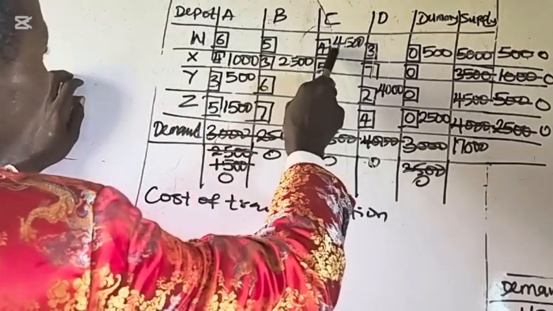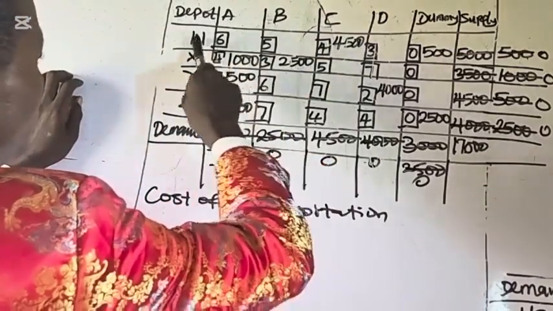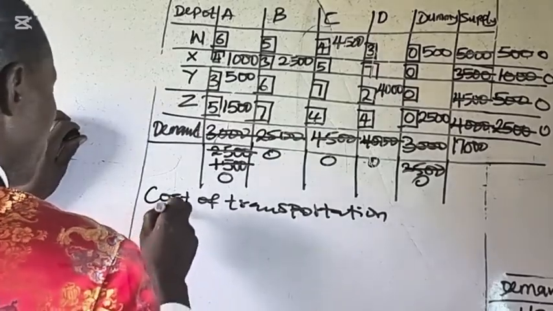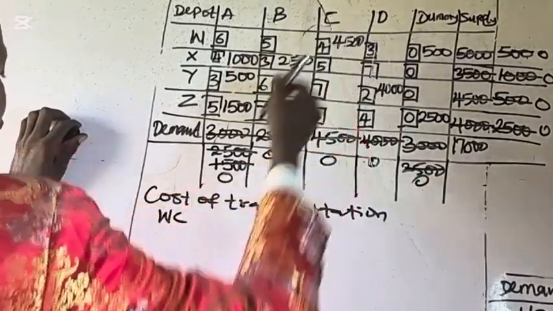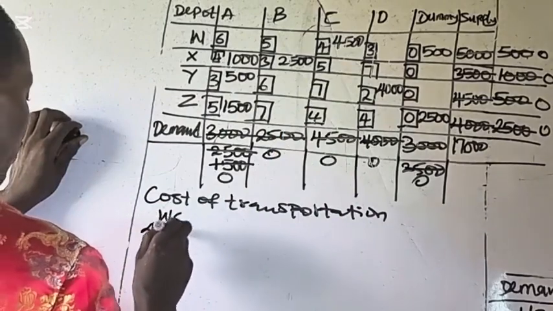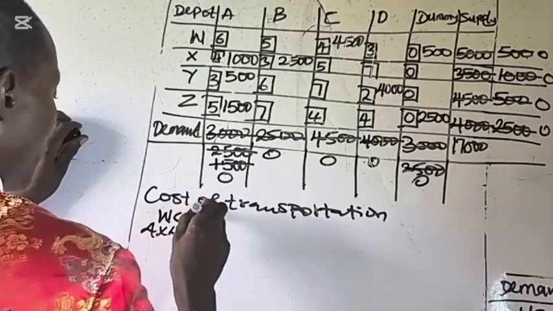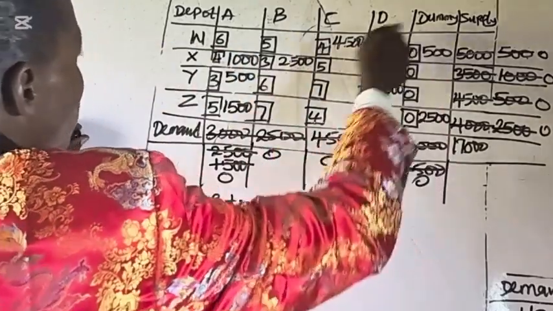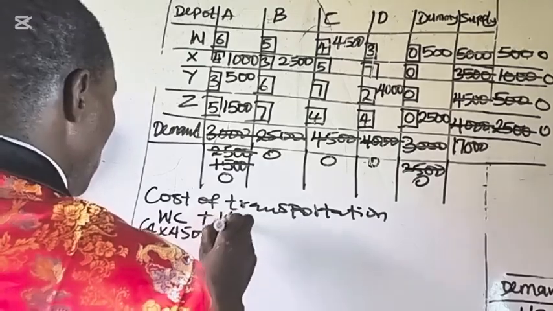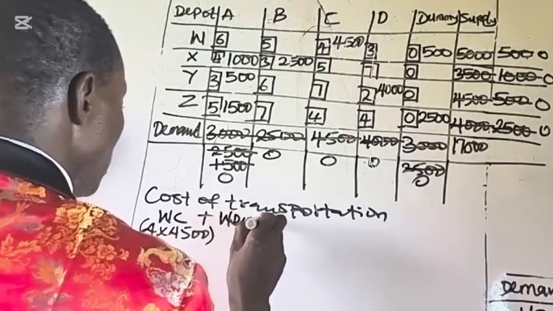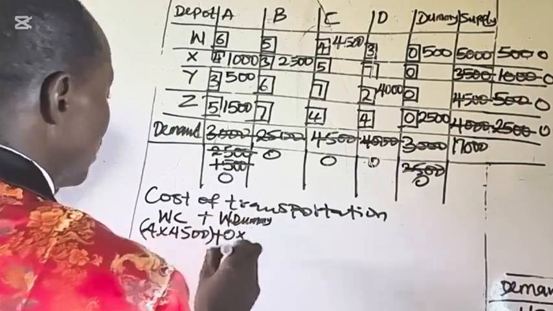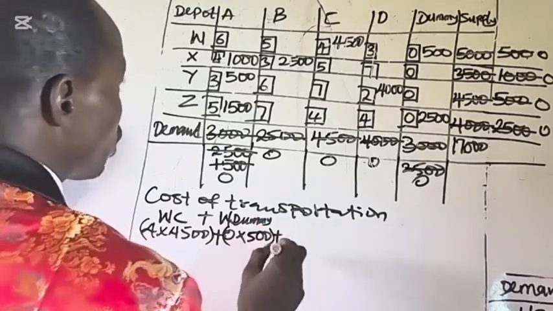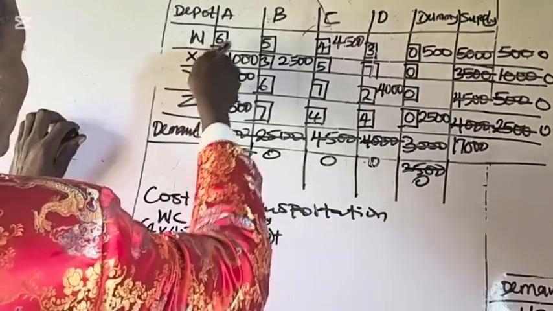The rule: WC, you have 4 times 4,500, plus 0 W dummy, that is 0 times 500, plus XA.